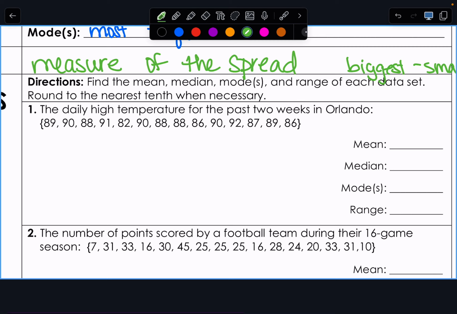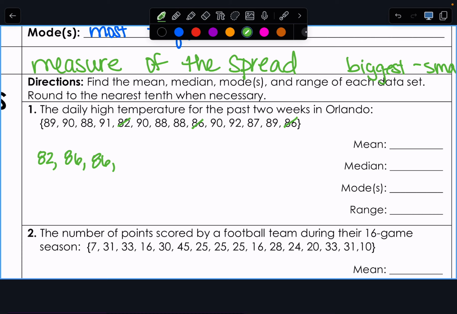Okay, let's put these in order. So which one's the smallest? Smallest one, it is 82. So this is what I'm going to do. I'm going to cross out 82 and write it. The next biggest is 86, and it looks like there's 2 of them.